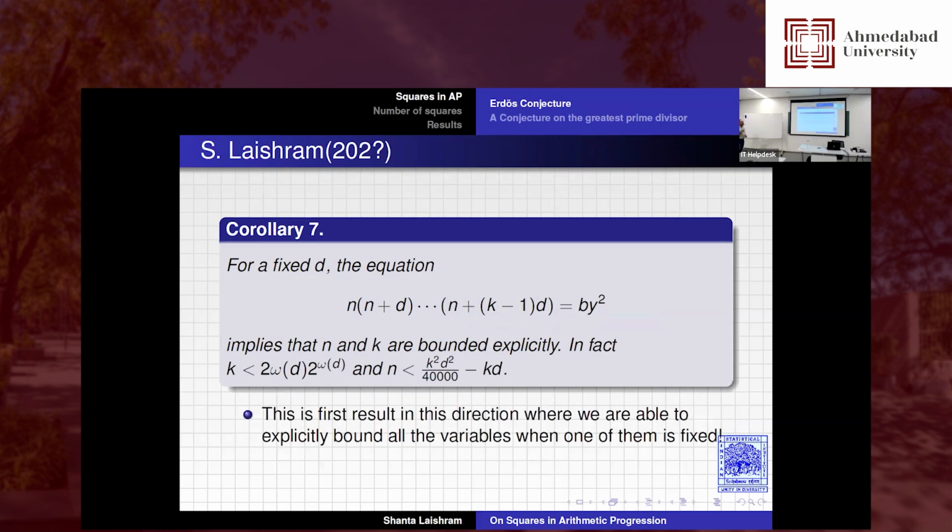So this is the first result in the direction where we're able to explicitly bound all the variables when one of them is fixed. Of course, earlier by Faltings, we know some finiteness, but nothing was explicit, but I could make it completely explicit.